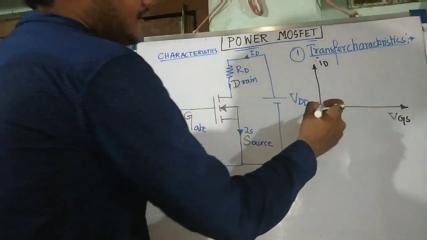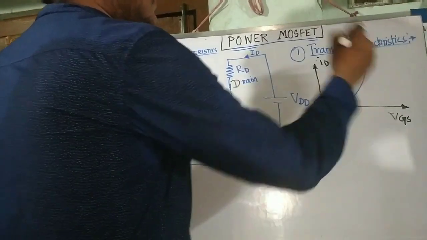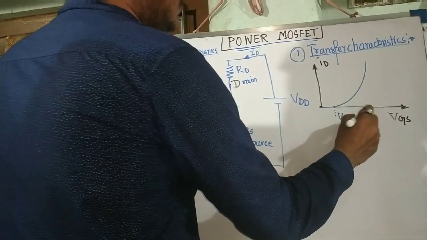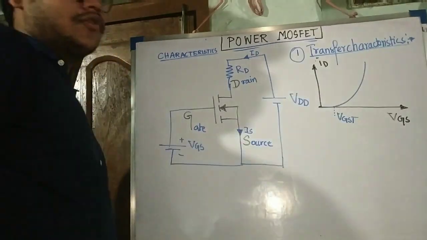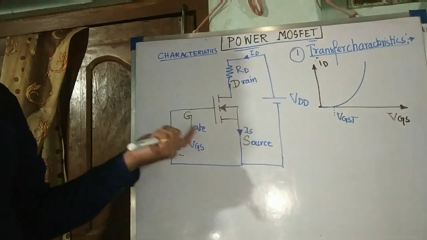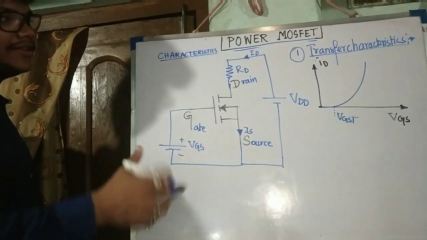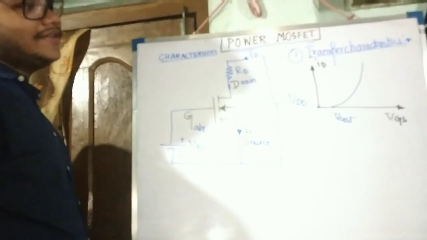The curve is exponentially rising, and this is VGST, that means the gate to source threshold voltage. After some threshold voltage that you apply, the drain current starts flowing. Otherwise the drain current does not exist here.